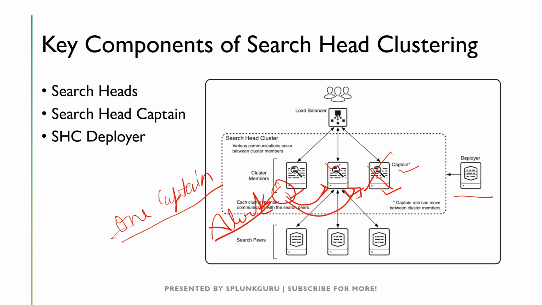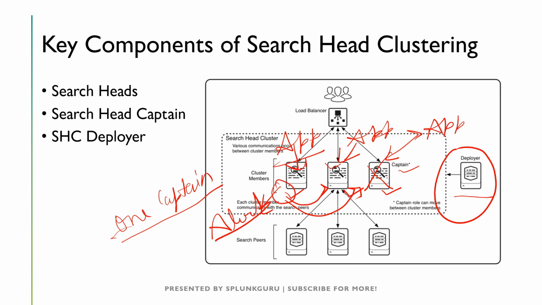Now the next thing we are going to discuss is the deployer. In your search heads, you might have tried configuring add-ons, apps, or other custom configurations. But once you implement search head clustering, it's not the way to deploy add-ons, applications, or custom configs by logging in to each member separately.